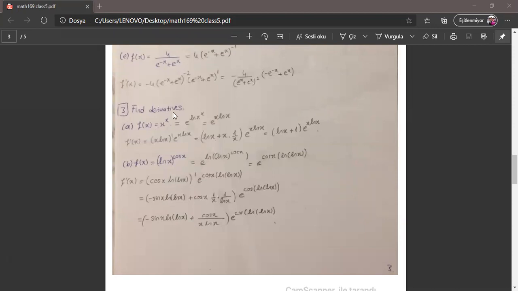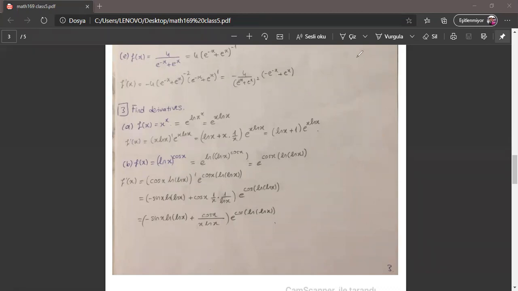Now again, we will find the derivatives. We're given this function, x to the x. We rewrite it in this form, e to the ln of x to the x, okay? Because, you know, if you have something like this, let's say x, sorry, if you have the same base in here, then you already have x.